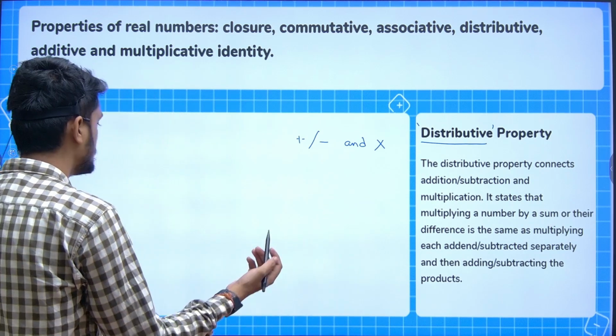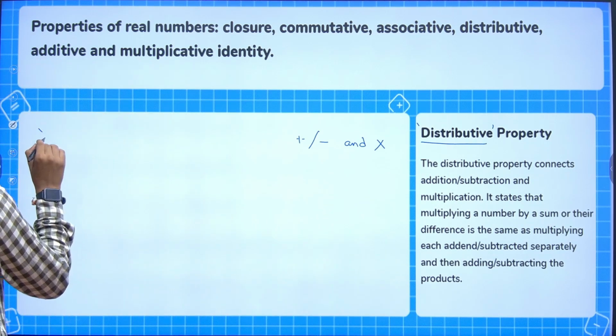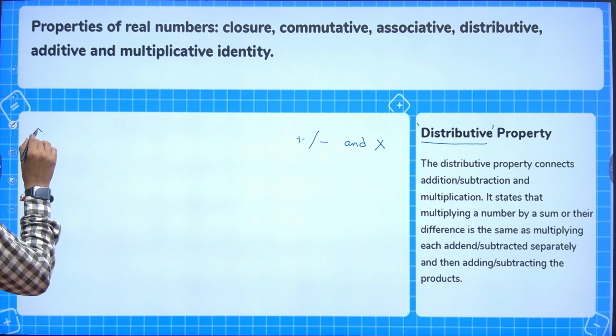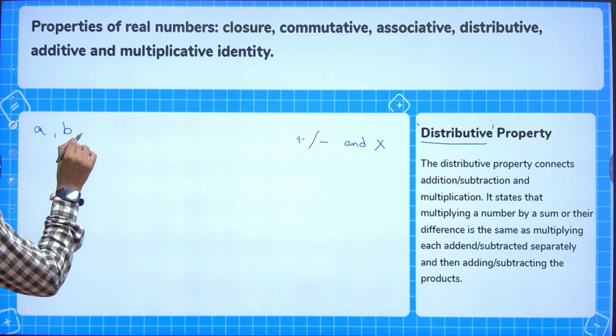Now what does this definition mean? Let's have a look in mathematical terms. Suppose I have three numbers a, b and c.